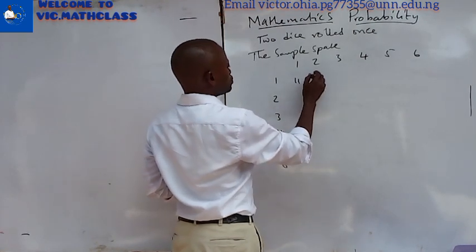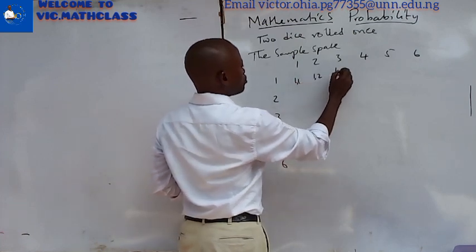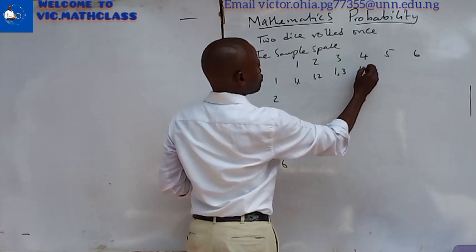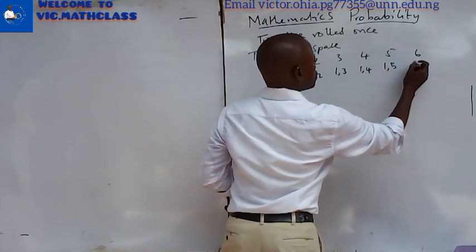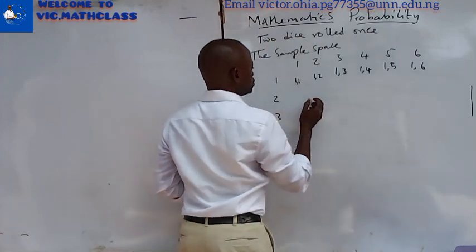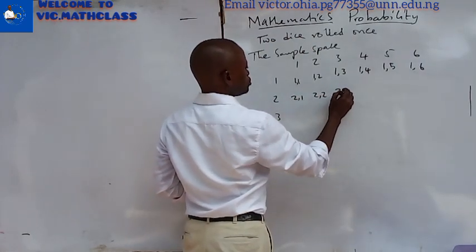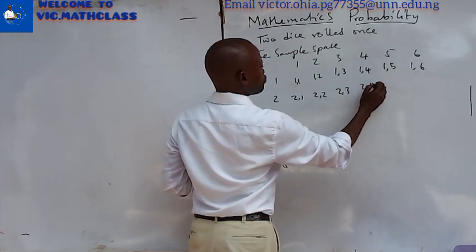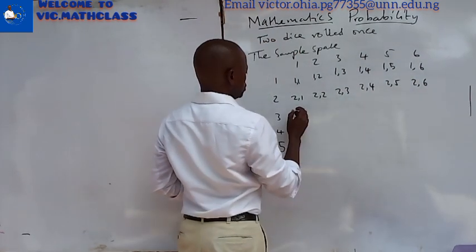It can be 1,1; 1,2; 1,3; 1,4; 1,5; 1,6. These are possible events.